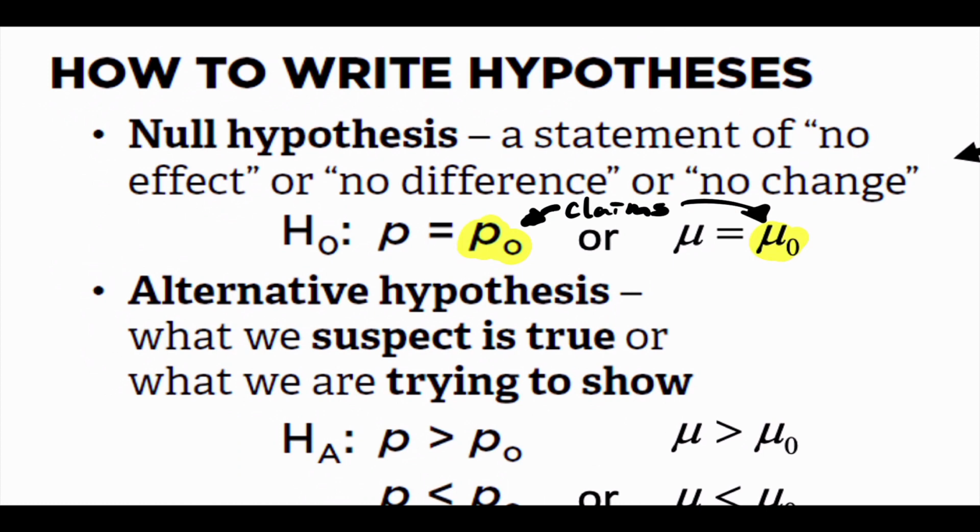Today we're just going to do proportions. We'll do means later in the week. So H sub 0 colon, the true proportion is what? Or H sub 0 colon, the true mean is what? That's how we write the null hypothesis.